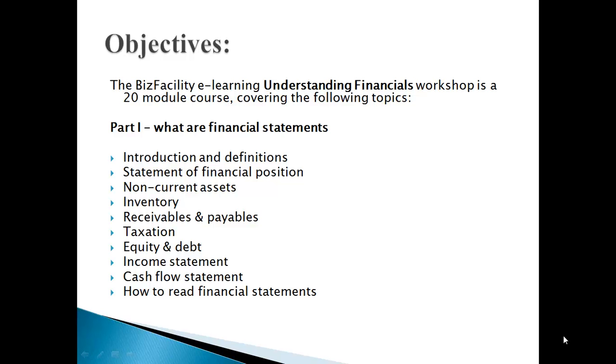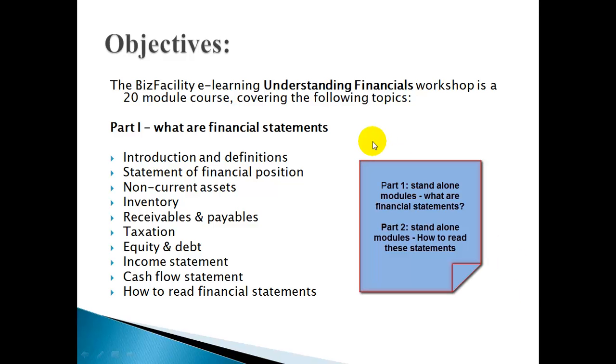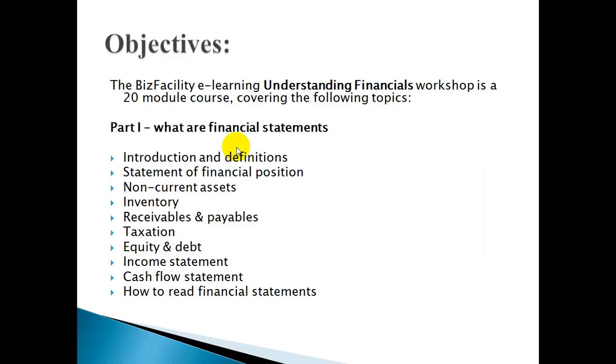This particular two-part course, the E-Learning Understanding Financials Workshop, is a 20 modular course covering the following topics. Part 1 consists of the following: what are financial statements? Over the next 10 modules, I'm going to talk to you about definitions that I'm going to use in the course.